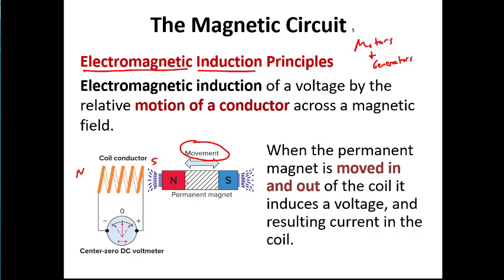So if you take this magnet and put it into the coil and then back out, all the way in and then back out, this coil of wire will try to turn into a north pole and then a south pole as the magnet moves back and forth. And so if we move this permanent magnet into the coil and out of the coil, we'll actually generate a voltage. And that's going to be very important in our motors and generators.